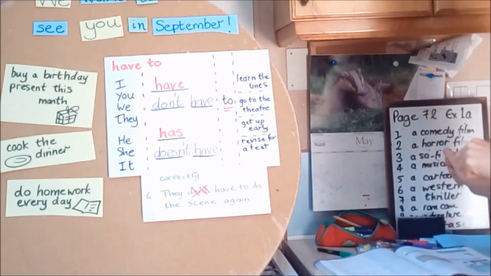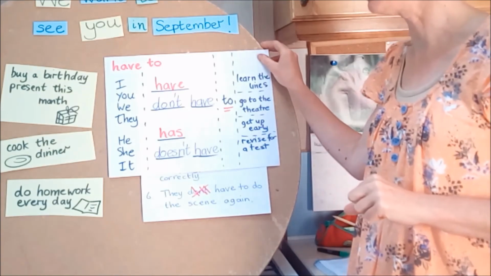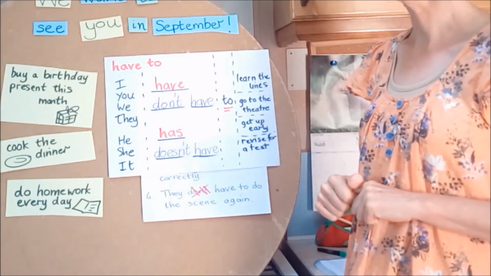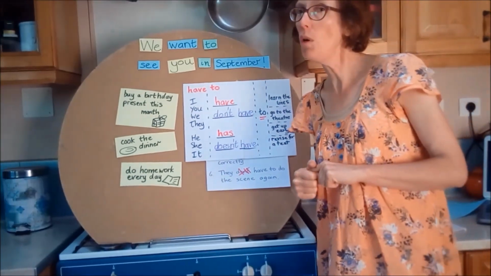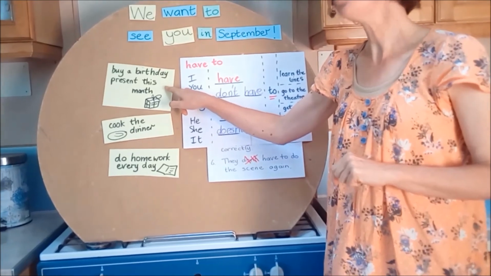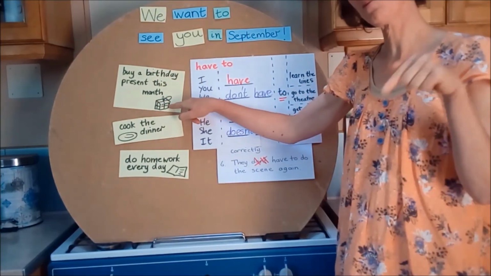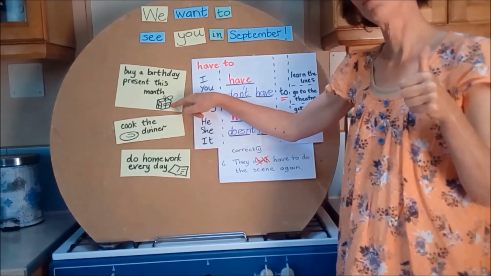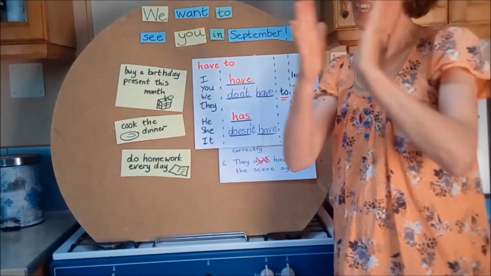So let's do a little bit of practice. Let's do some questions. Now we've got the idea of have to, let's do some questions. So, a question for Paul. Paul, do you have to buy a birthday present this month? Yes, I have to buy a present. Yes, I do is better. Yes, I do.